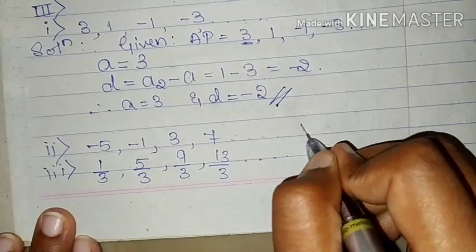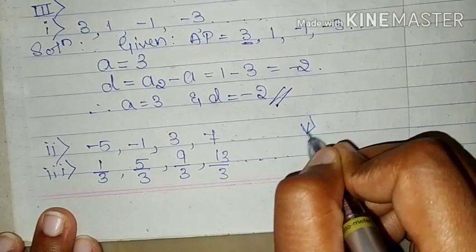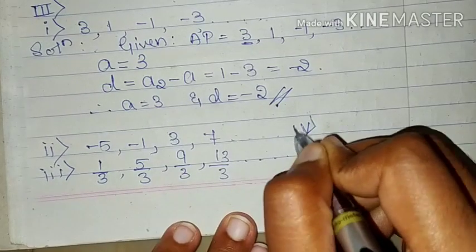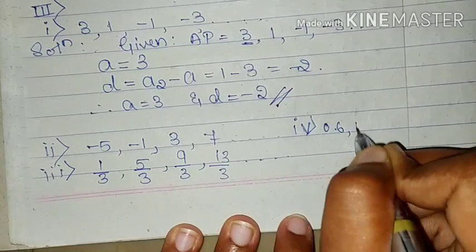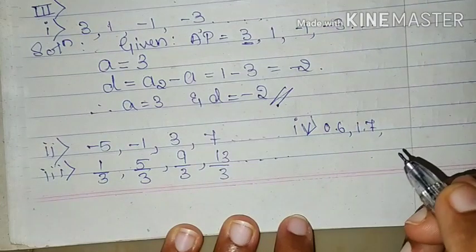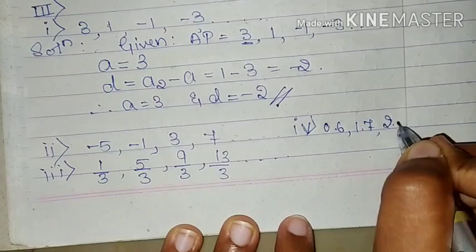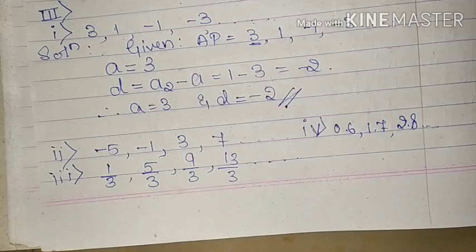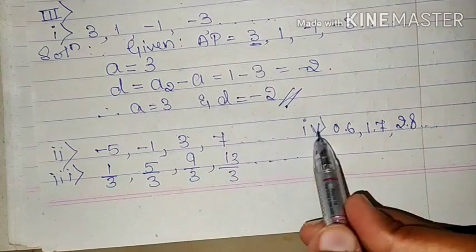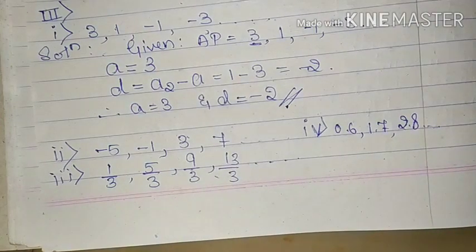And the last one, fourth one, 0.6, 1.7, 2.8, and so on. Find the A and D for these given arithmetic progressions. Once again, pause the video, solve them and verify your answers.